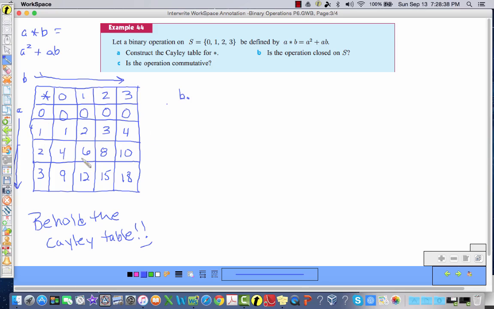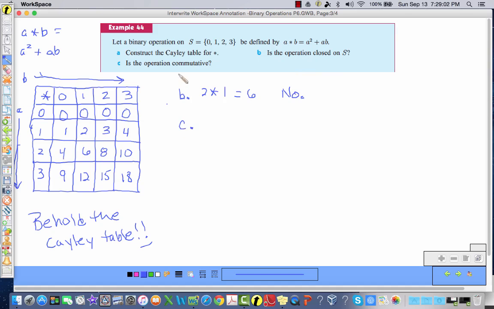Is that true? Well, no. Right away, here, we can say 2 star 1 is equal to 6. Since 6 is not an element of S, we can say no. They just asked, is the operation closed on S, so our answer is no, but I'm showing you why.